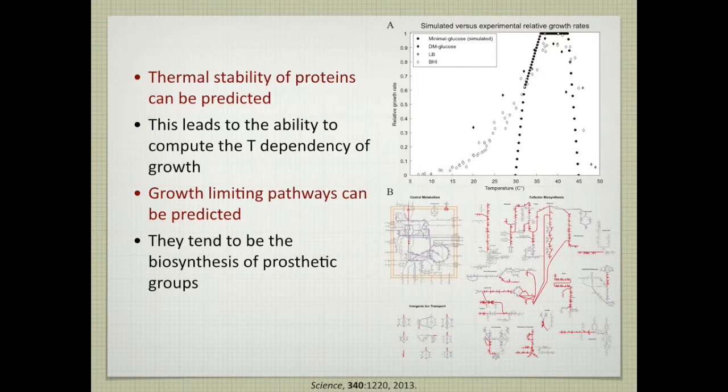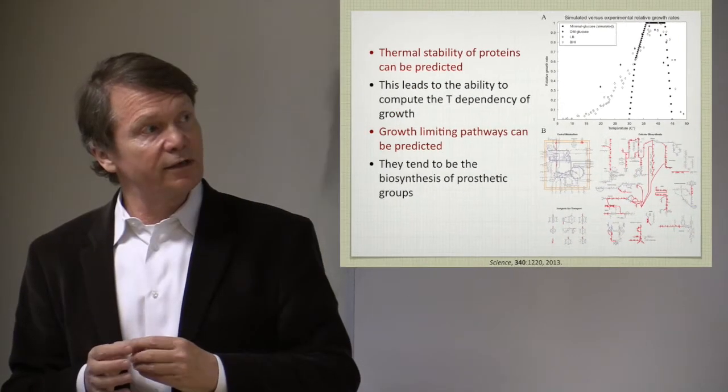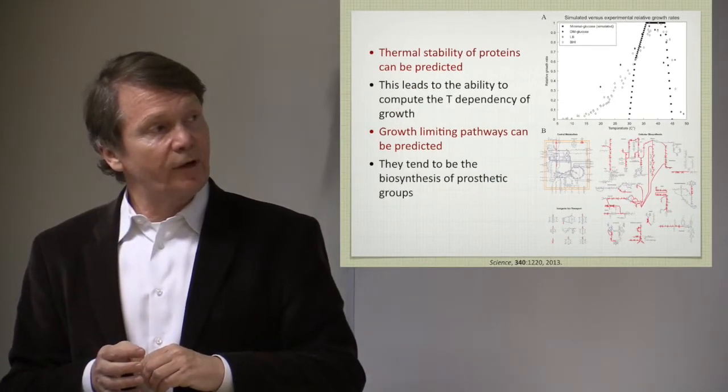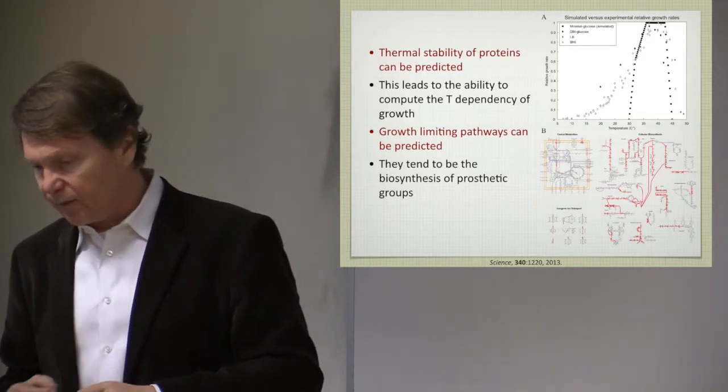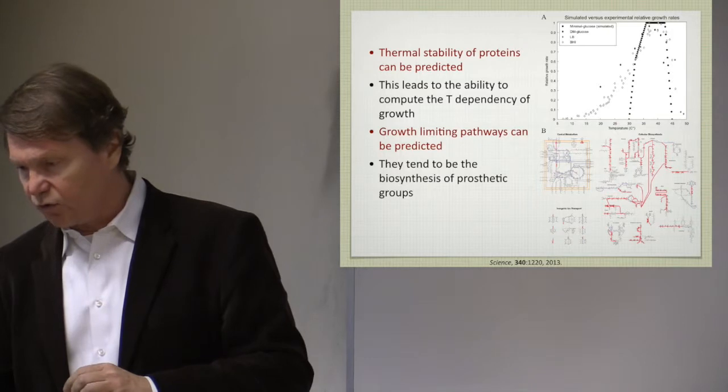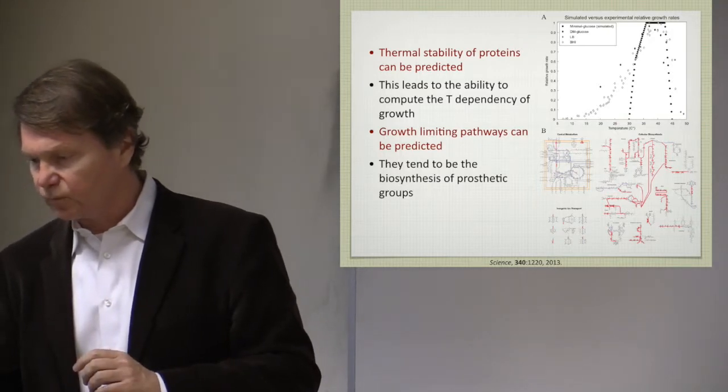And it turns out that this observation has been made for other organisms, that one of the factors, maybe a dominant or prominent factor, in the temperature sensitivity of organisms maps onto secondary metabolites like the prosthetic groups and their synthesis.